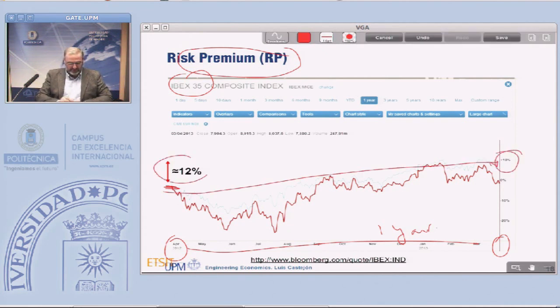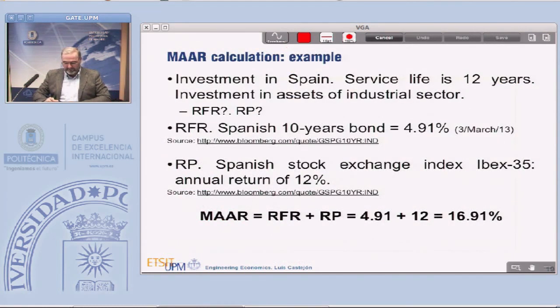So we can assume a 12%. Then in Spain, any investment based on those numbers, we will use the 10 year Spanish government bond, 4.91, and then the Spanish stock exchange annual return of 12%.